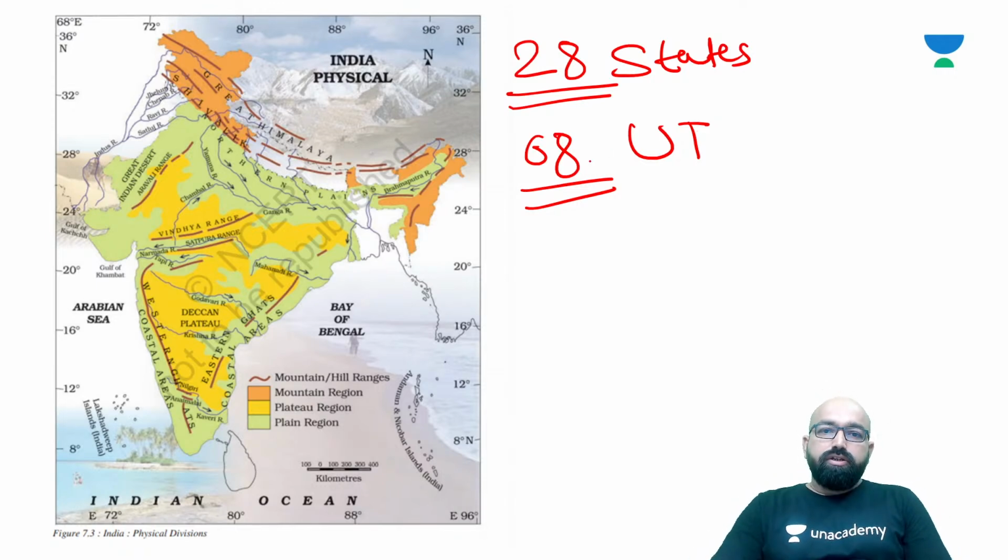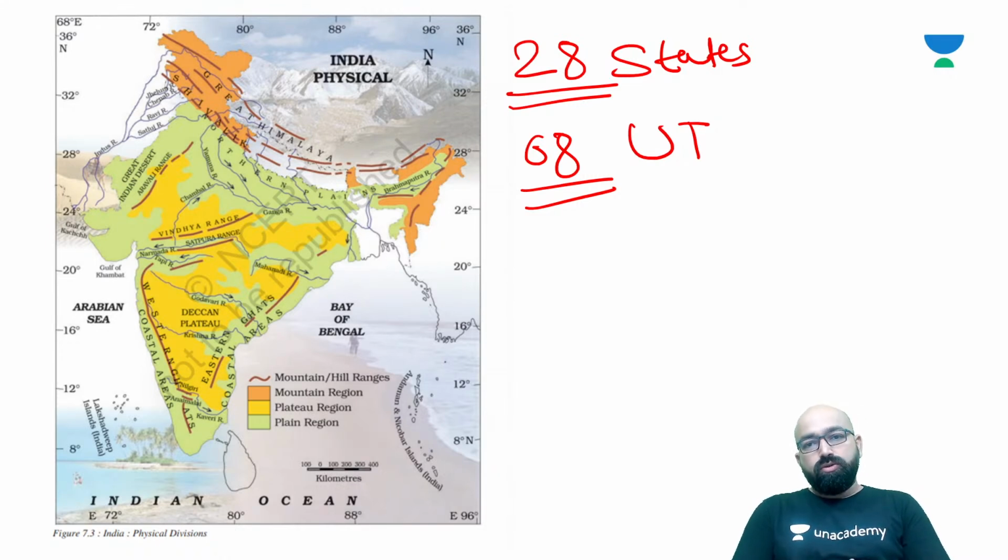So in 2014, Telangana became a new state in India. Earlier it was a part of Andhra Pradesh. After that, the state of Jammu and Kashmir was divided into 2 union territories, Jammu and Kashmir and Ladakh.